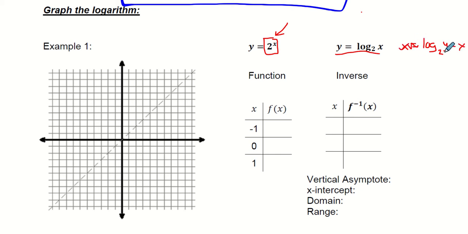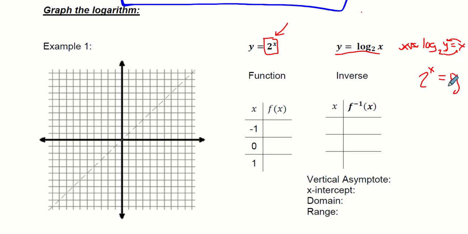So if I want to rewrite this, it would be 2 to the x power equals y. So your first step is to switch the x and y, which we did. The second step is to rewrite it, and then the third step is to get y by itself.